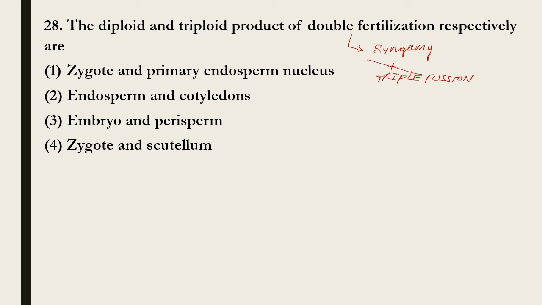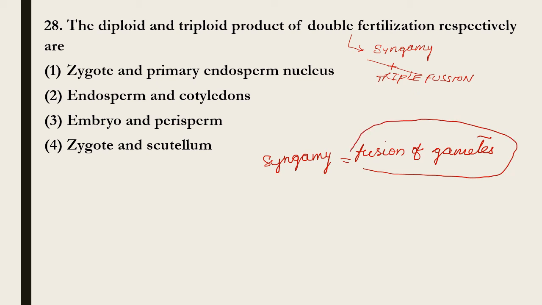Syngamy is the fusion of gametes. Fusion of male and female gametes is called syngamy, and this fusion results in a zygote.